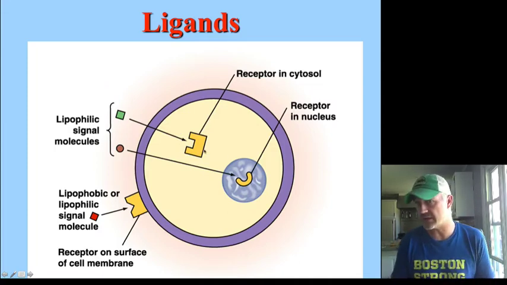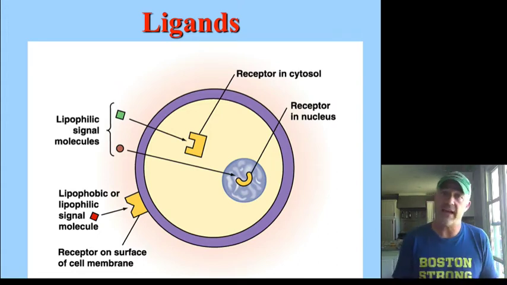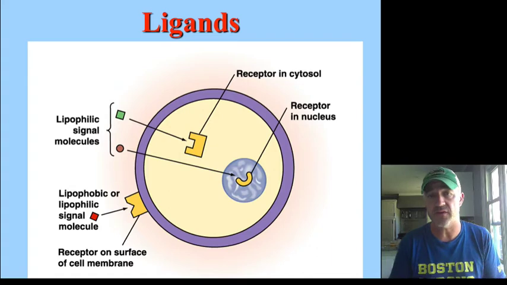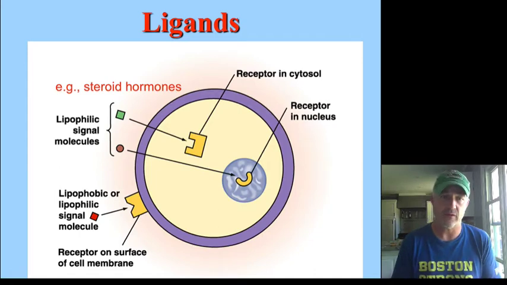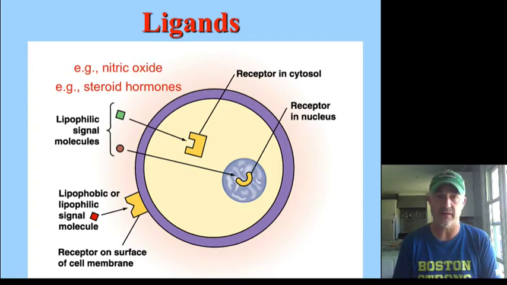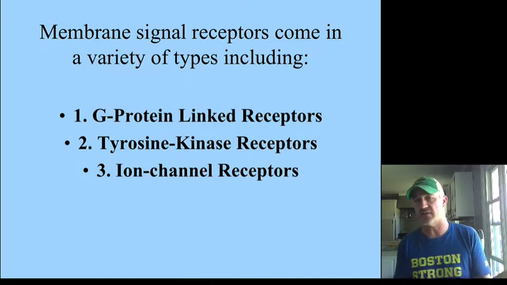Certain things can go directly all the way into the nucleus as well to bring about their change. So not everything's going to go through a pathway, but a lot of stuff that we will talk about would. So that's why I'm just introducing the idea. So steroid hormones, like I said, are those lipophilic ones, or things like nitric oxide, where a lot of these other ones you're going to need this cell surface receptor.